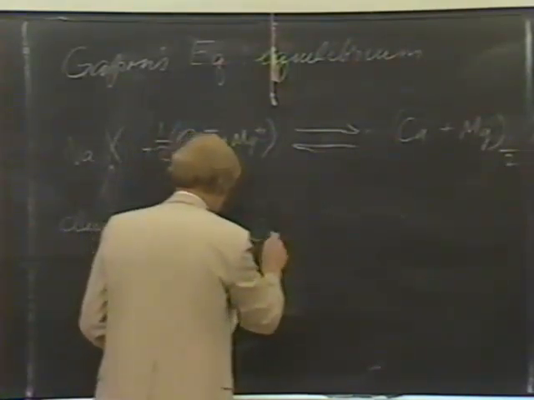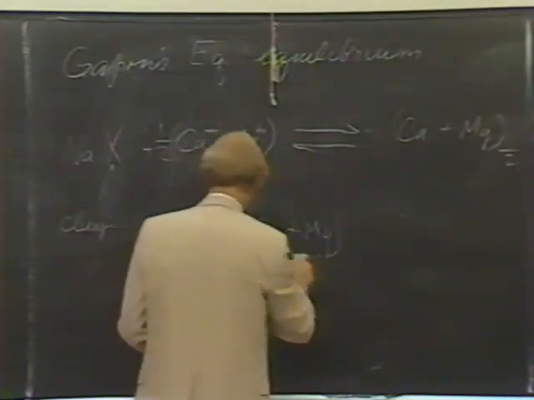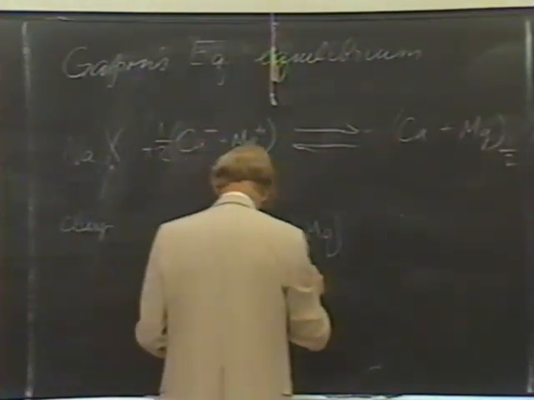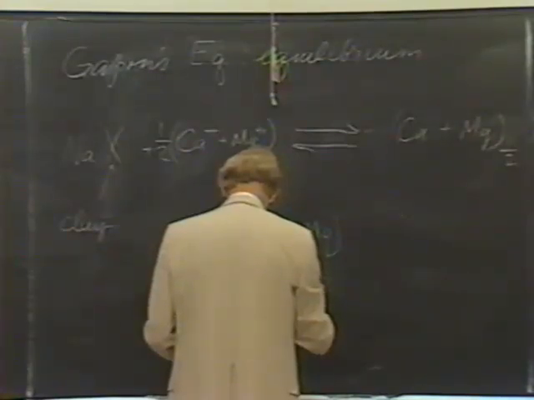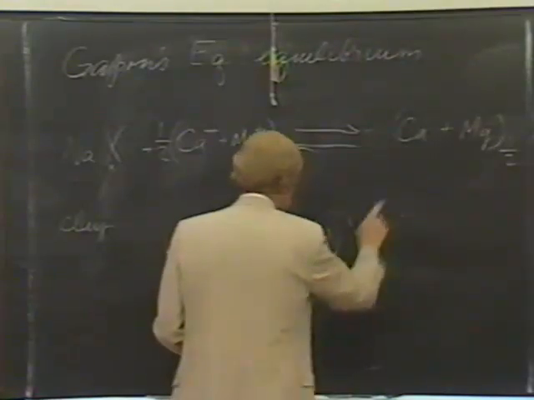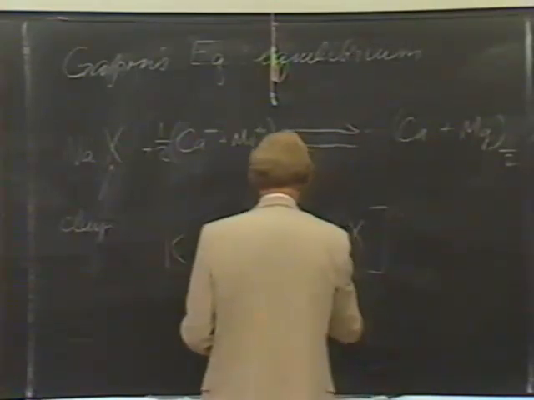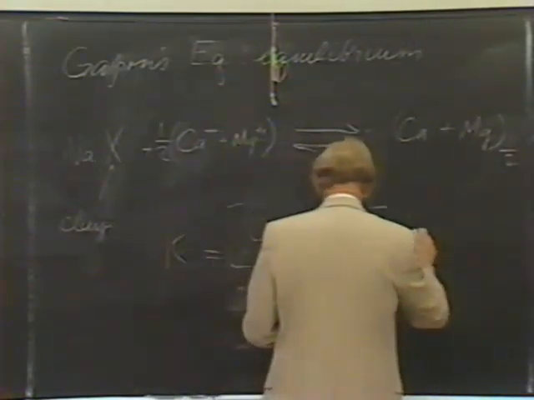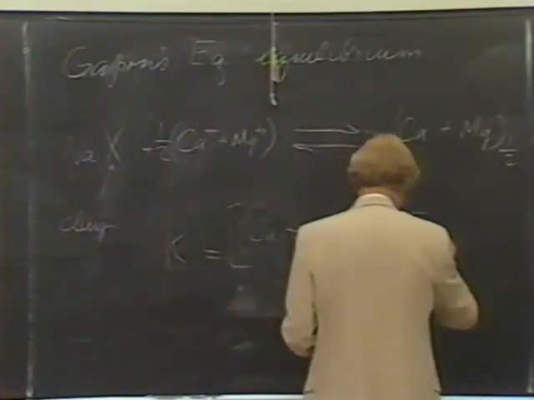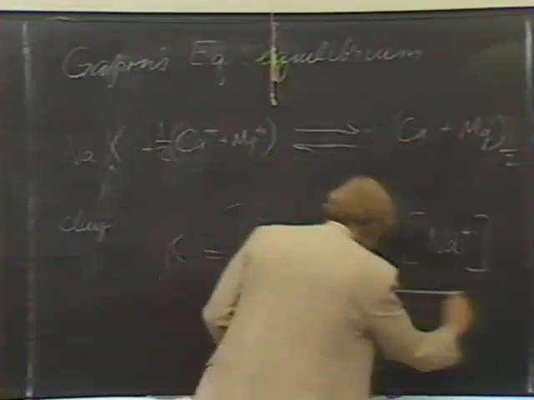Times Na ion concentration, divided by the product of the reactants, NaX concentration, times Ca plus Mg to the 1/2 power. So this is our equilibrium constant for this reaction.